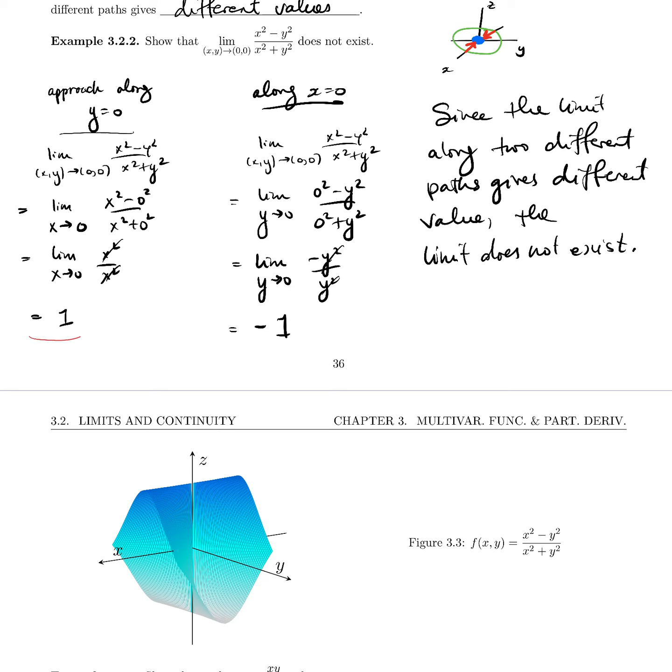If we approach along the x-axis, in these directions, we got limit values of 1, and you can see that right on the graph. When we came in along the y-axis, and the same thing in the other direction, we got function values here that were equal to minus 1.